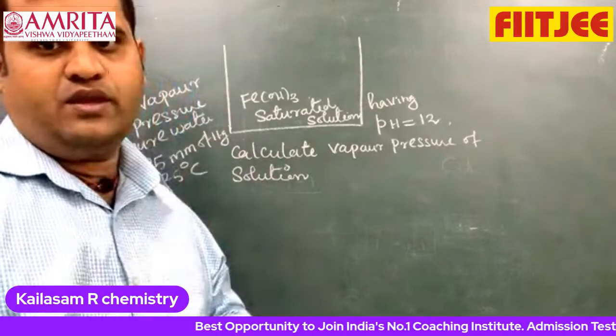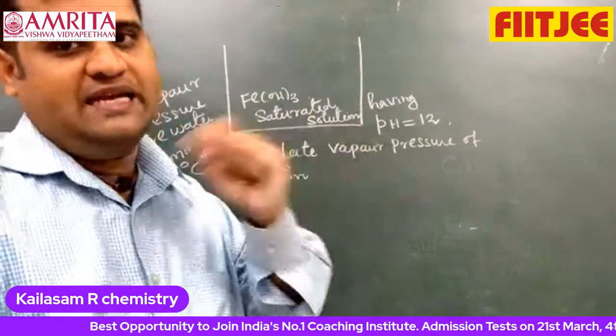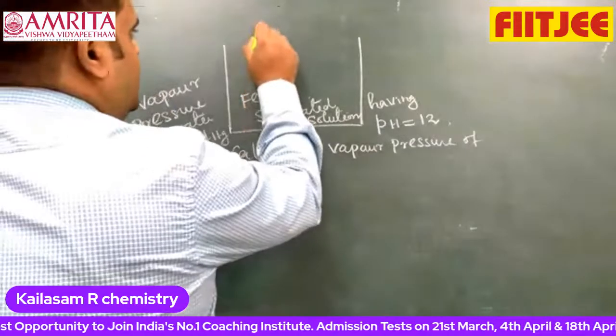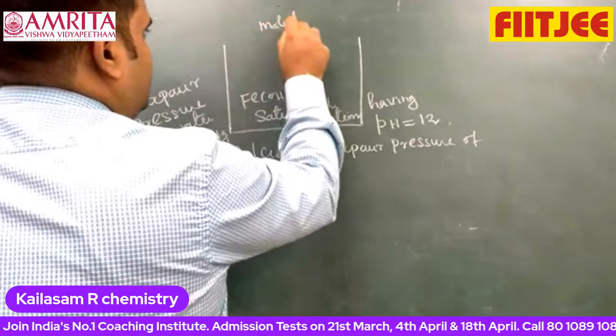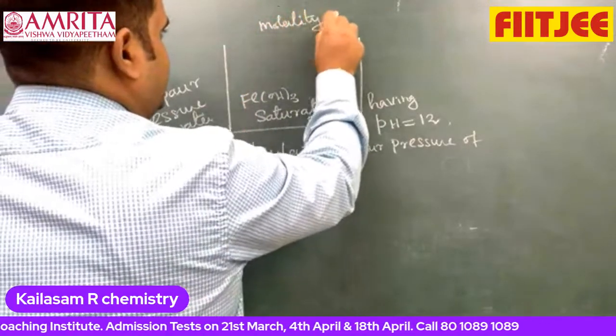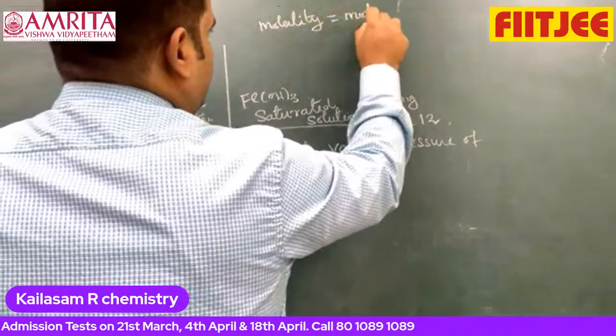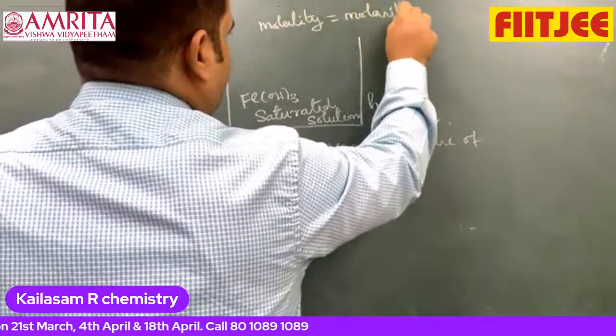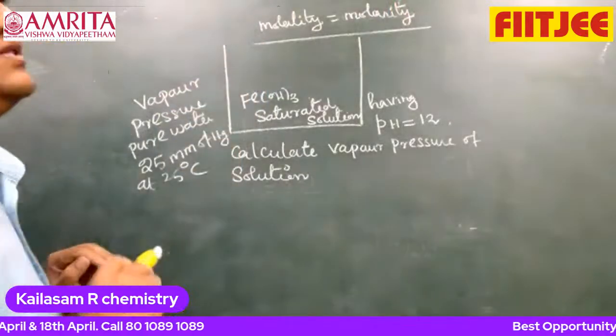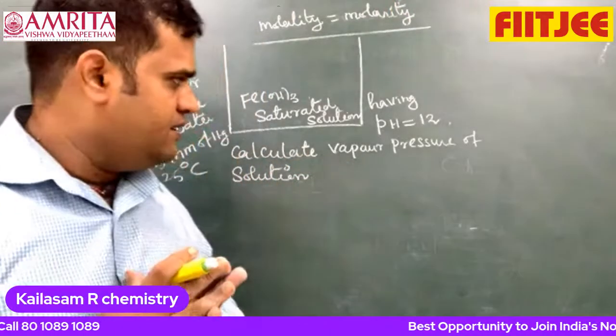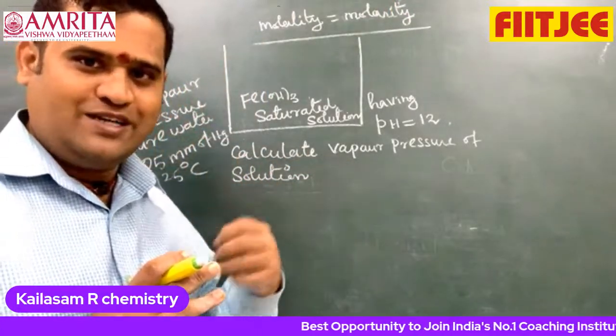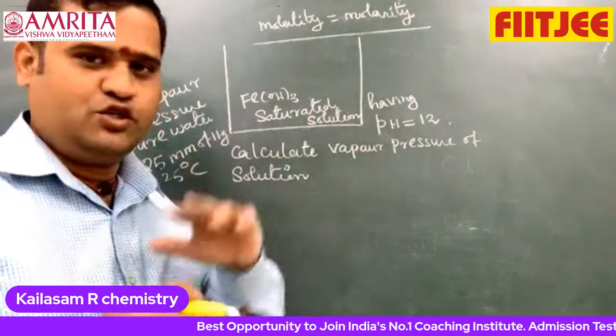Here assume that molarity is equal to molality. Assume that. So how to solve this? Now I first want to find out the concentration, which is required, because I gave pH equal to 12.